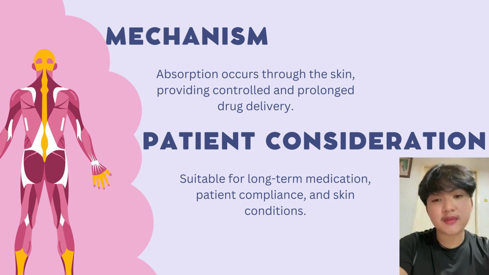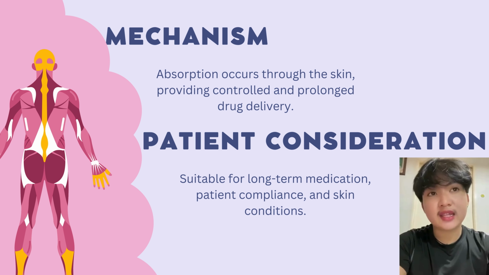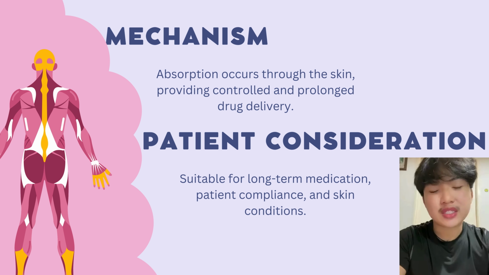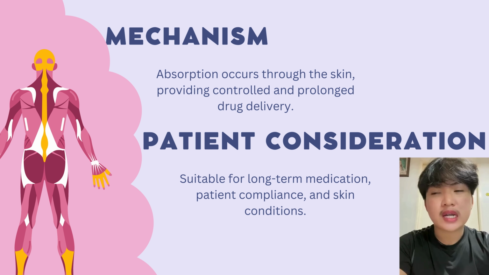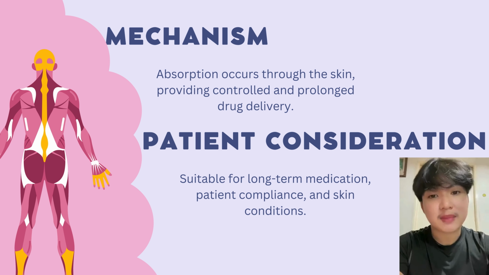So the mechanism of this route is to provide prolonged drug delivery. Also, the patient consideration: suitable for long-term medication, patient compliance, and skin condition. This route is commonly used for a diabetic person or for an asthmatic person.